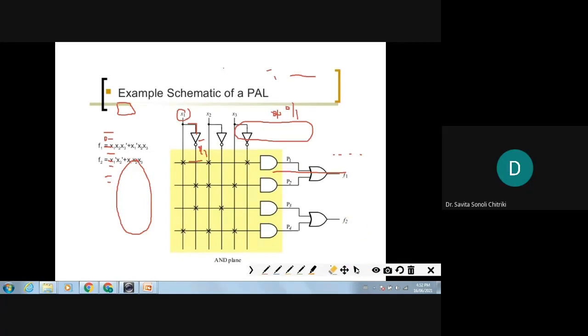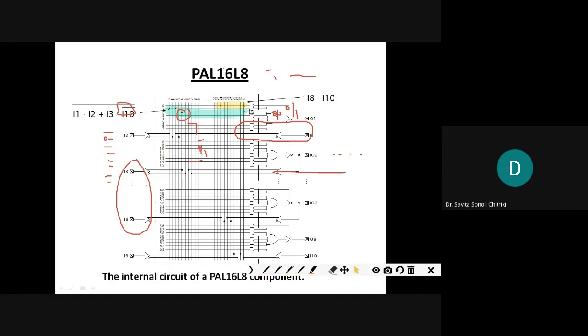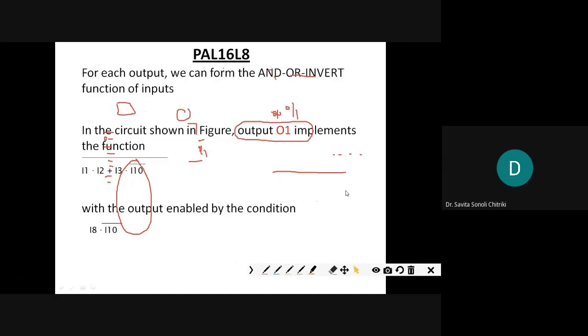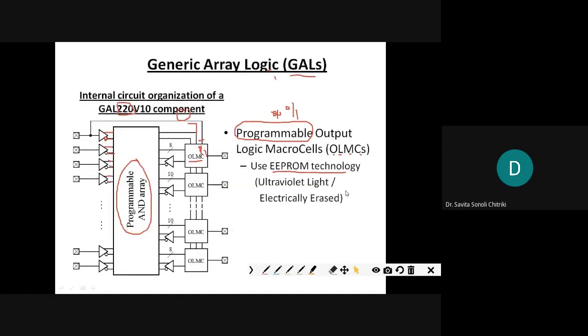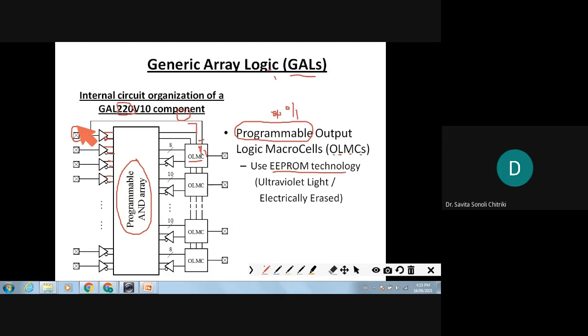Then in the next slide, you see, here also we had shown all these AND arrays and OR arrays, everything was shown in PAL 16L8. But as you go to the higher versions, what is being done? Directly a pin and its non-inverting and inverting inputs in a box where it is only written as programmable AND array.